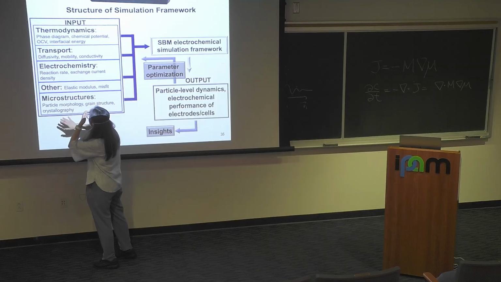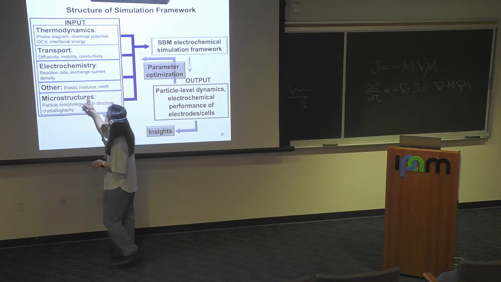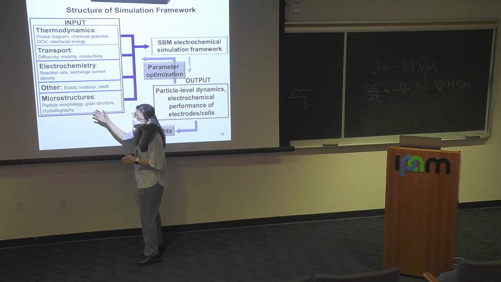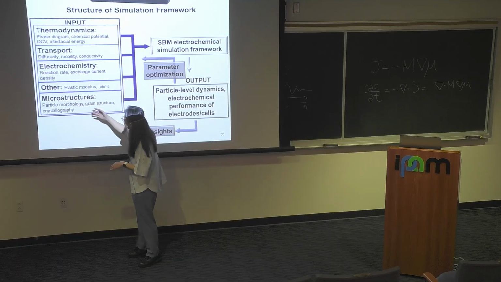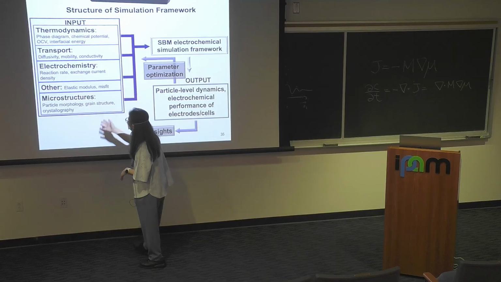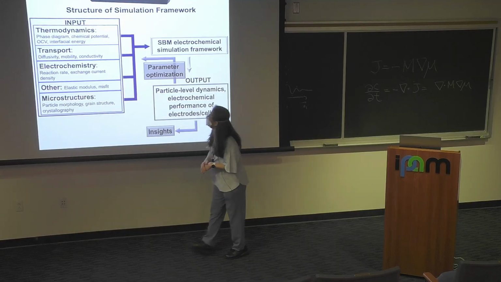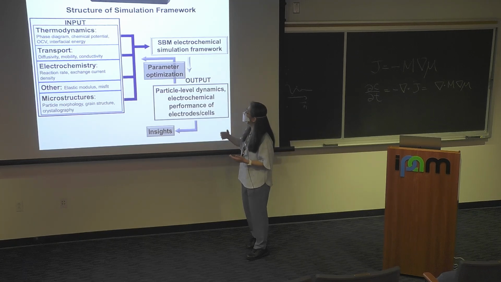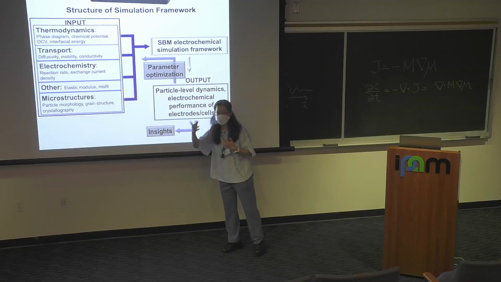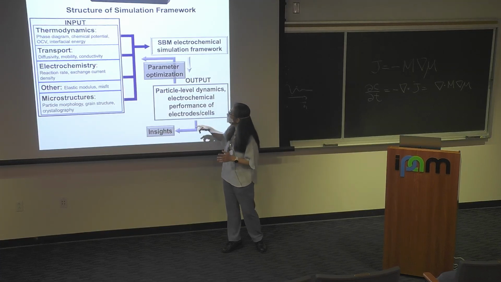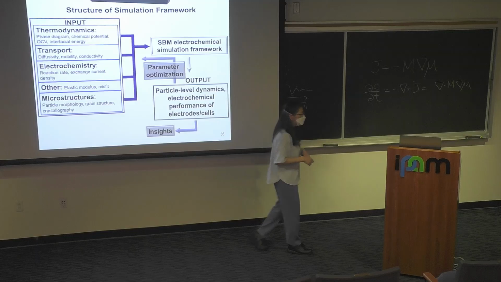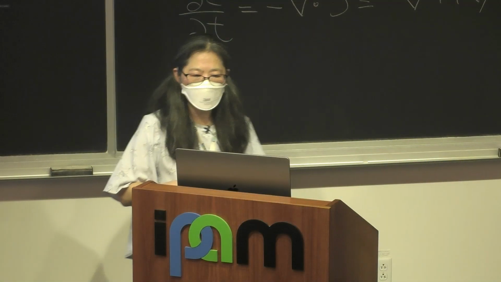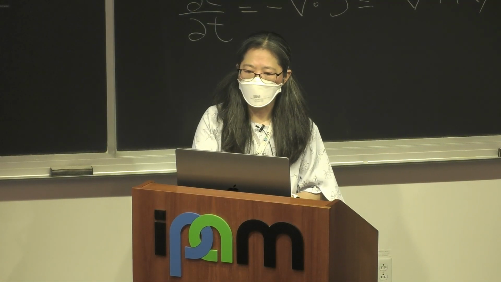In some cases, you do need the stress? Yeah, elastic moduli and misfit and things like that, especially for phase separating materials. And the microstructure can be important. Some things can be obtained from experiment, and I'm going to talk about that. But often there are some parameters that we don't have access to, so there may be some parameter optimization process that needs to happen.